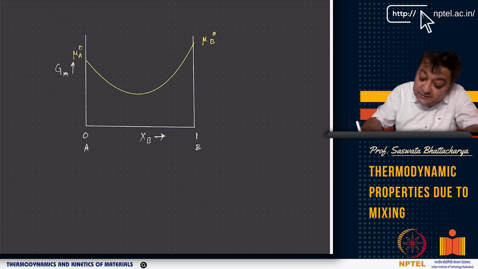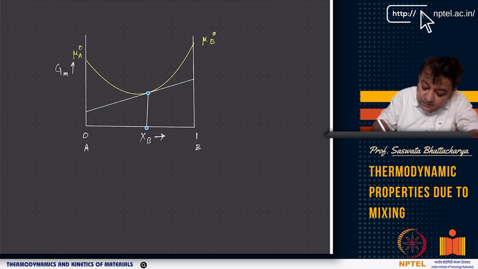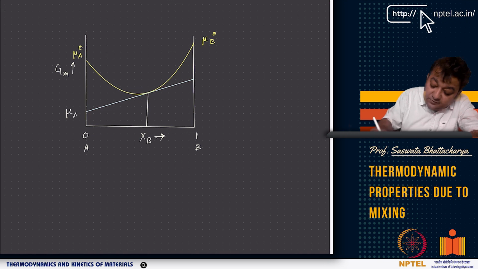If you want to draw a tangent line to any composition, say at this composition, then the intercepts are mu A and mu B of the solution.